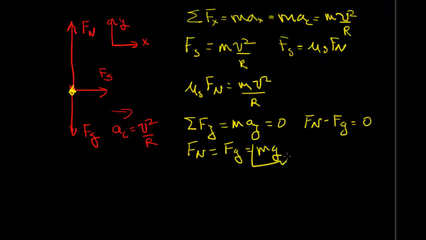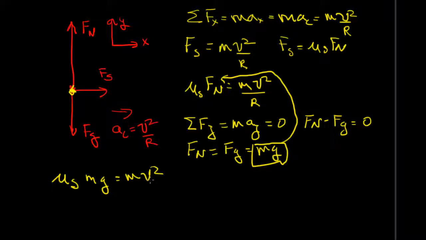And so now we can substitute this into here, into the normal force, and we get mu sub s times mg is equal to mv squared over r, or mu sub s is equal to v squared over rg.